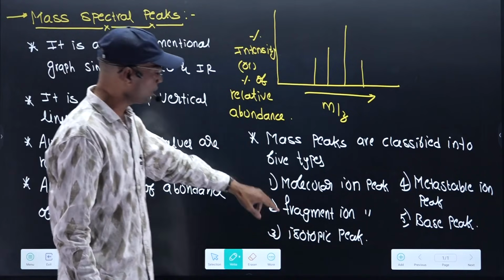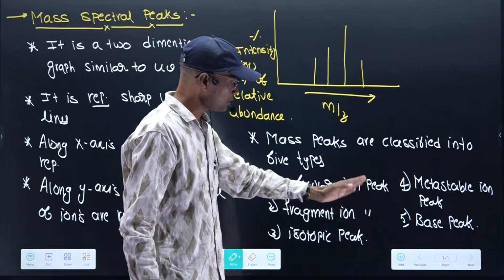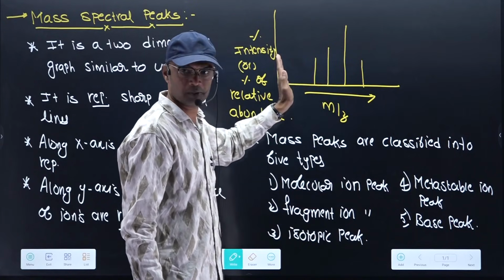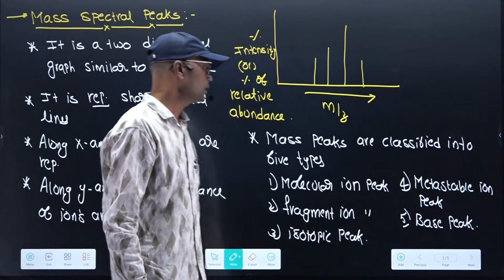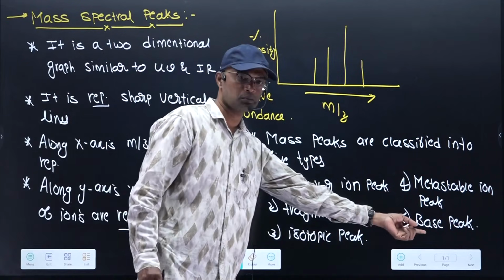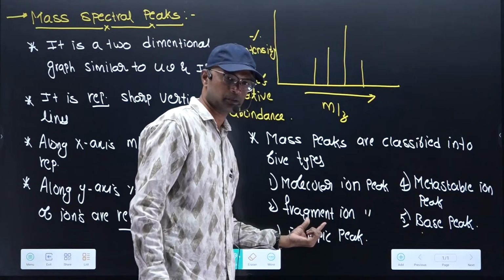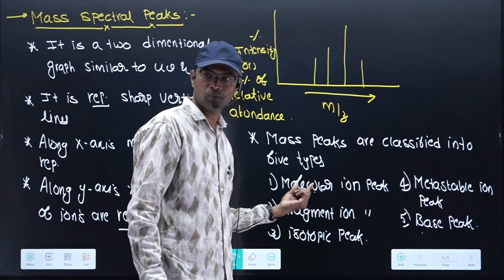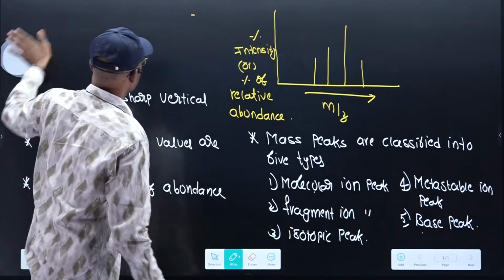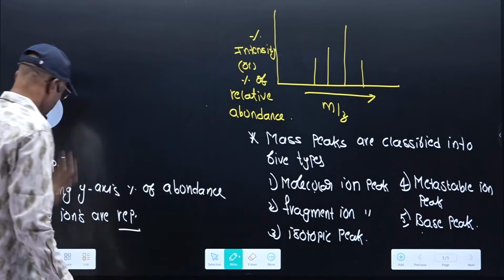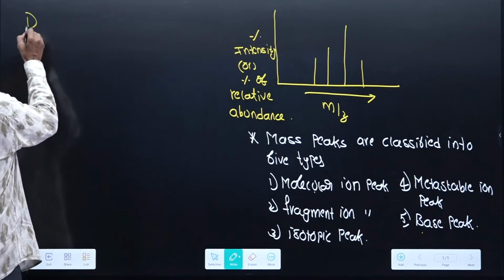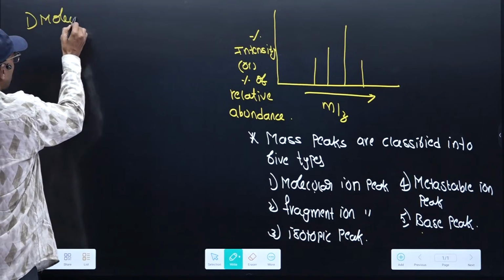Only 5 peaks are available as separate types, but actually many fragment ion peaks appear. For every molecule only one base peak is possible, many fragment ion peaks are possible, and every molecule has only one molecular ion peak. So first one, molecular ion peak.